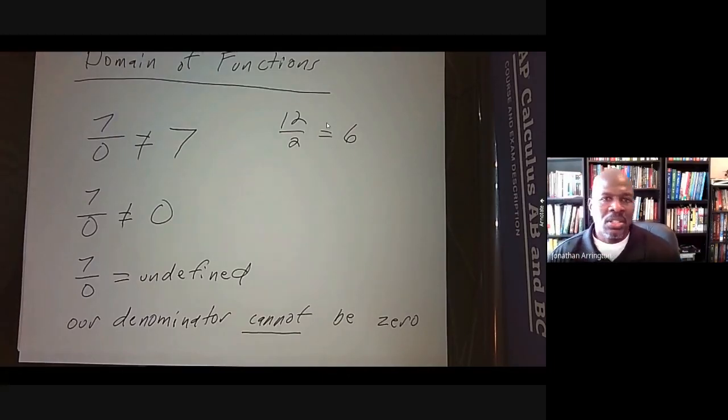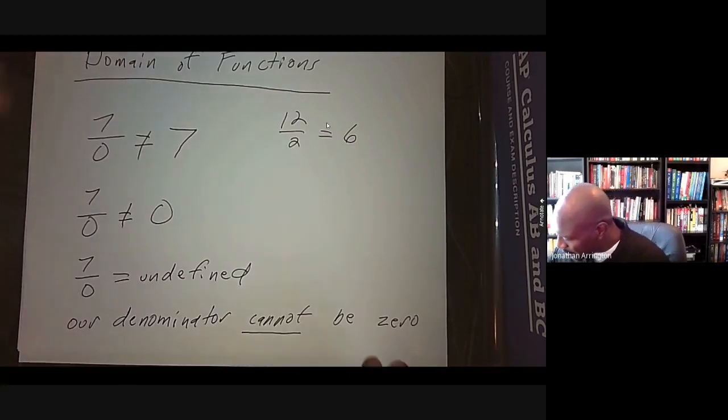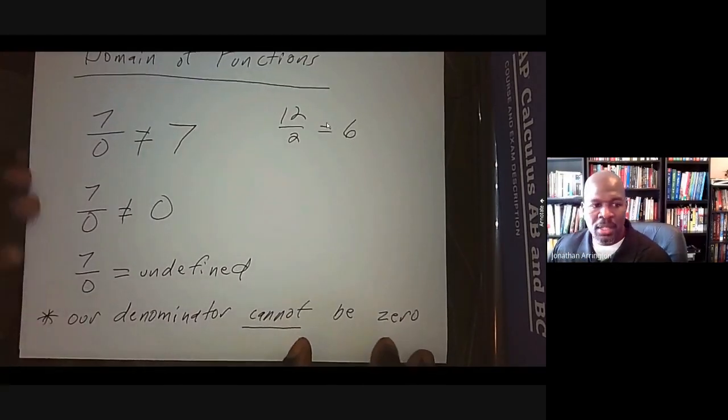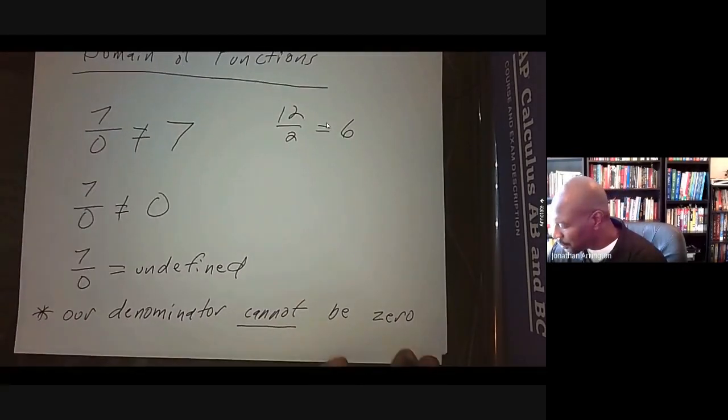And when that occurs, those functions have restrictions on their domain, meaning their domain is not all real numbers. So if your domain is not all real numbers, we say you have restrictions on that domain. And there are a few things that cause restrictions. The first one we'll look at is the fact of our denominator being 0. So our first guiding principle for domain of functions is that our denominator cannot be 0.